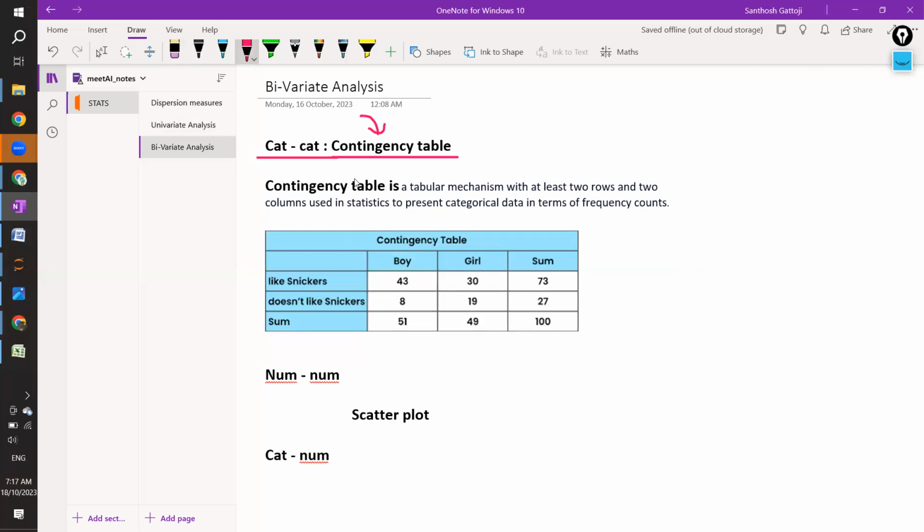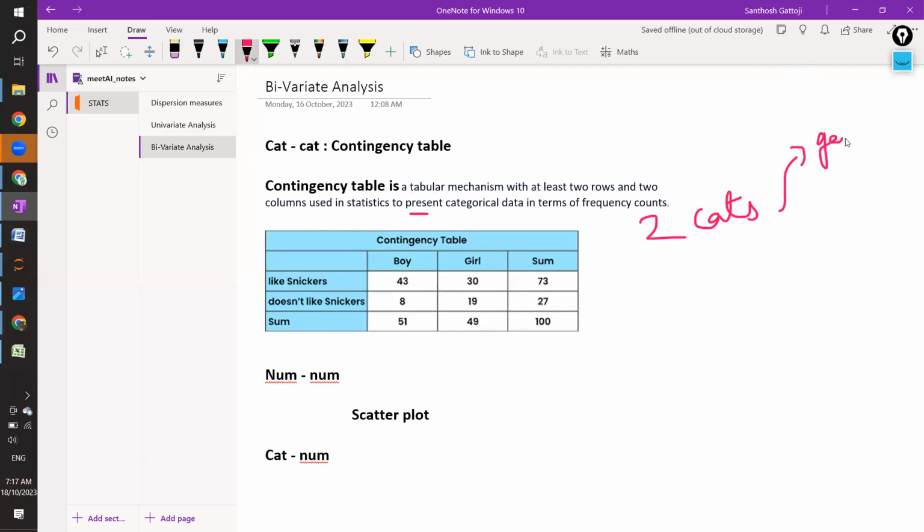A contingency table is a tabular mechanism with at least two rows and two columns, used in statistics to present categorical data in terms of frequency counts. That's it, it's just a representation. For example, if you see over here, we have two categories. One category is what?